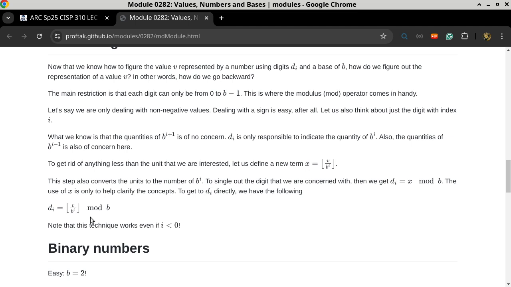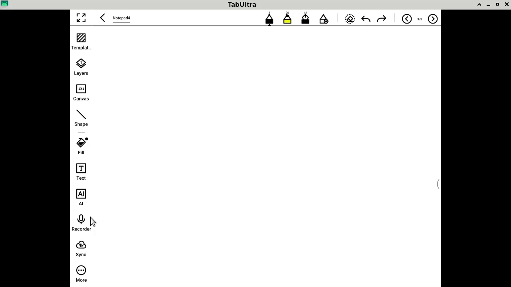Because this equation can only figure out one digit at a time. So I just need you to tell me which I you want me to work out.